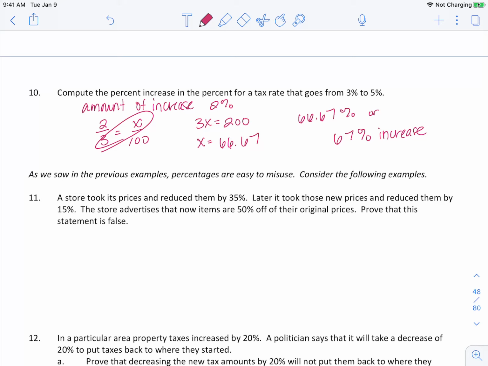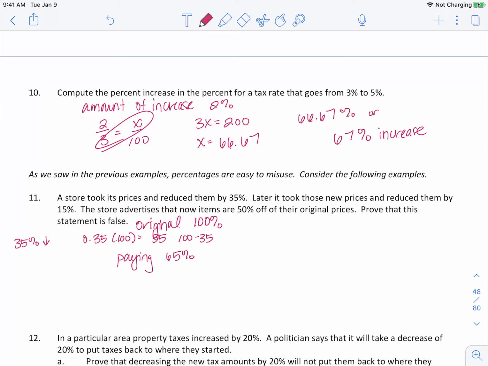All right, so our original is 100%. So it says they were reduced by 35%. So 0.35 times 100 is 35. 100 minus 35 means that we're paying 65%.